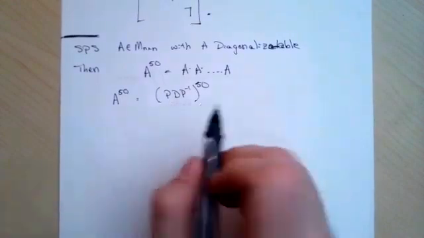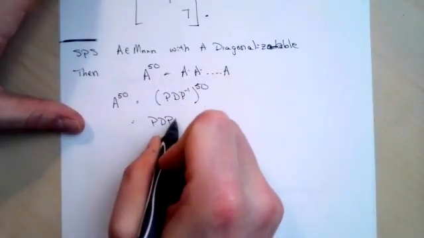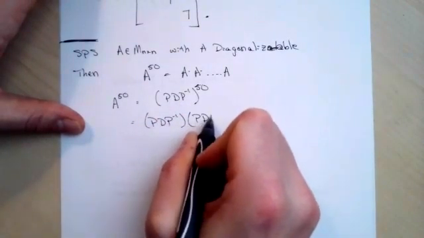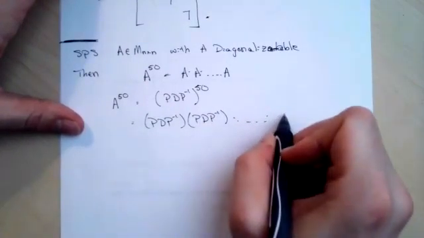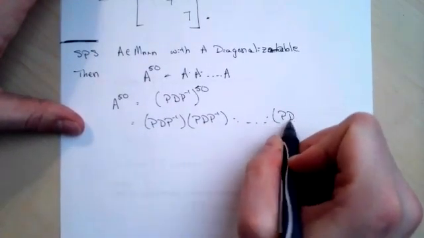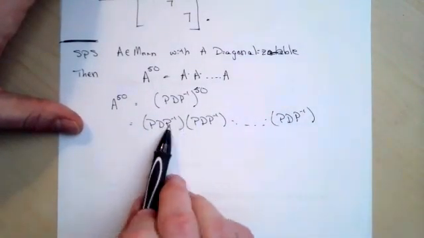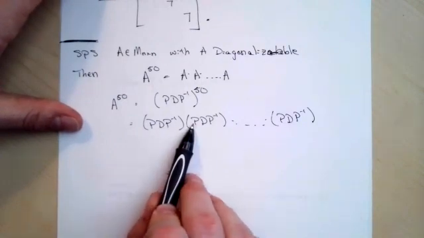But when we take a look at this raised to the 50, it's just going to be PDP inverse times PDP inverse. And you're going to keep doing that 50 times. But pairwise, when you look at consecutive ones, when we have P inverse times P, that's just going to be the identity.